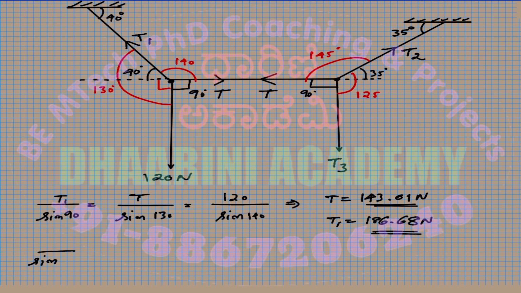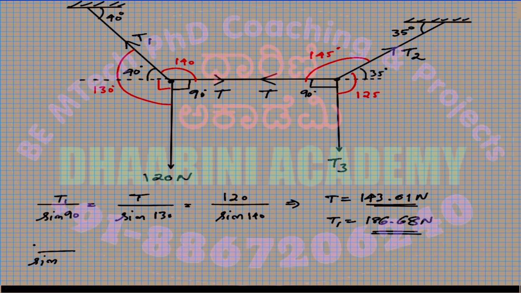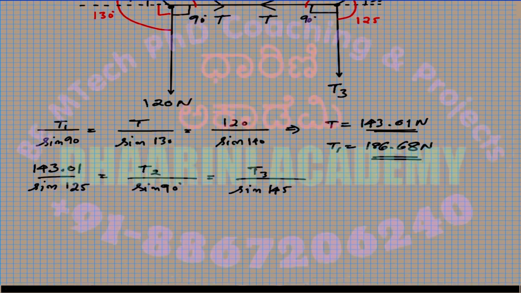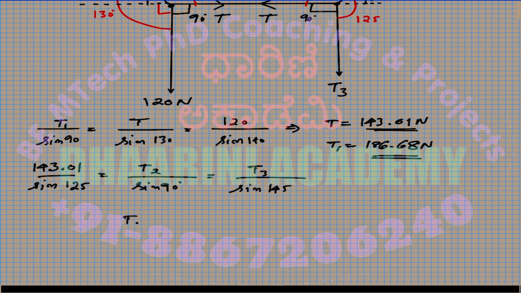So instead of T I'll write 143.01 divided by sine 125 degrees equal to T2 divided by sine of 90 equals T3 divided by sine of 145. So using this, I can calculate what is T2 and what is T3.